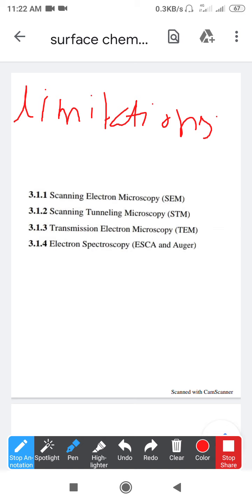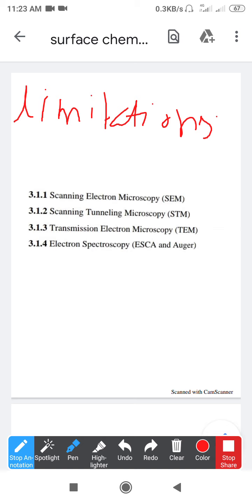Another issue is that in the atmosphere we have oxygen as well as carbon, which always react with your surface. That means metal oxides can form, or reduction of metals can be done by carbon, and that will also affect your overall analysis. So how can we eliminate that?